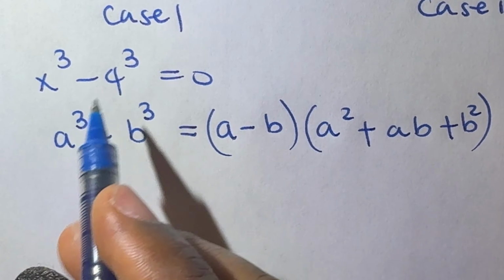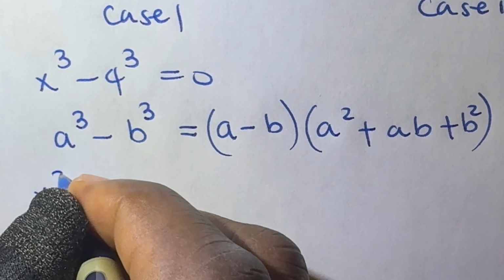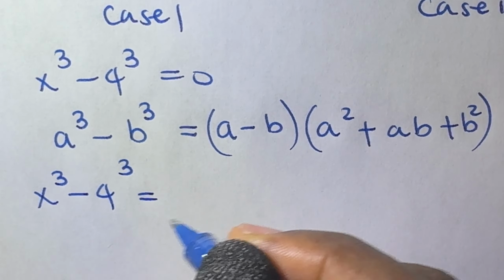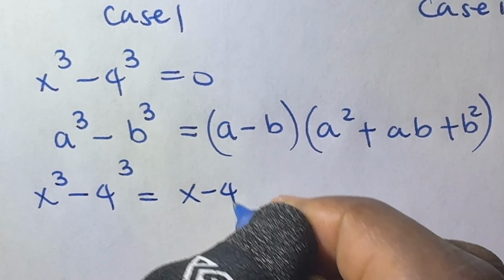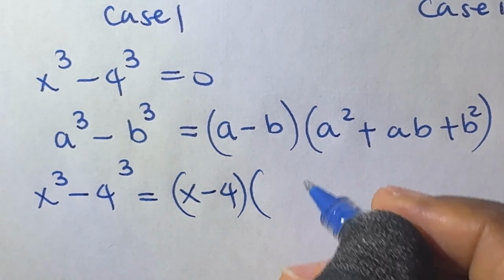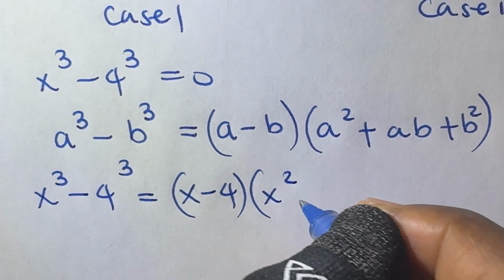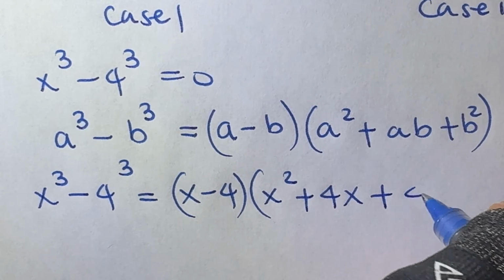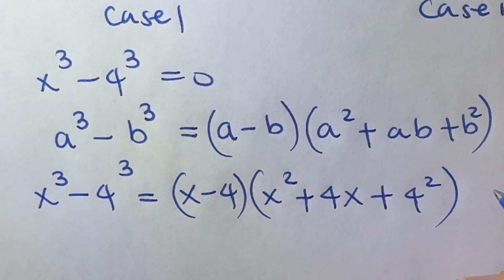So to factorize this, x raised to power 3 minus 4 raised to power 3 will give us x minus 4 times x squared plus 4x plus 4 raised to power 2 is equal to 0.